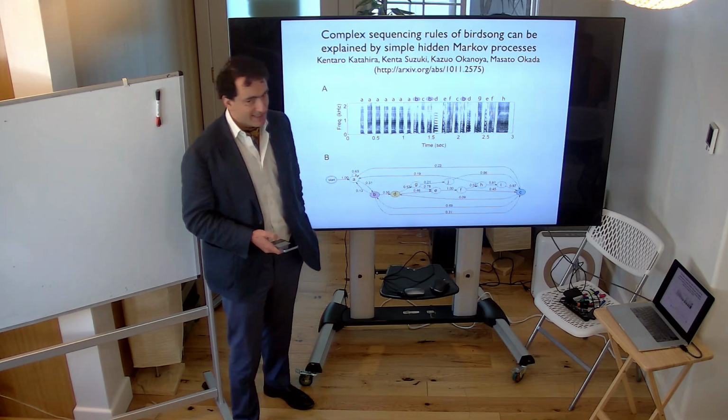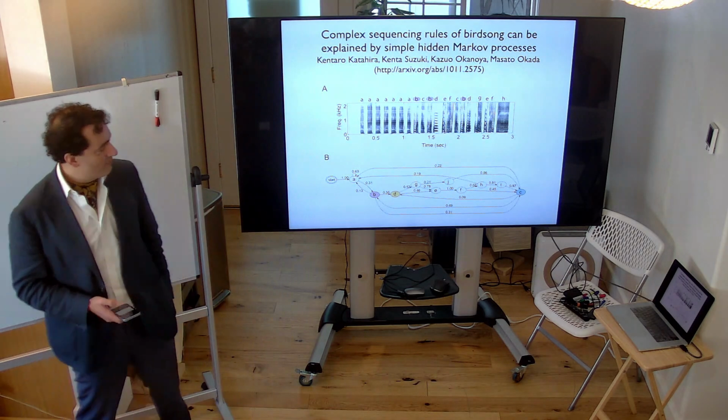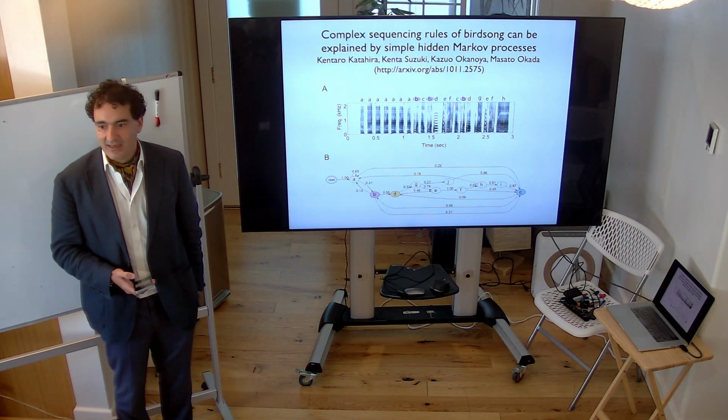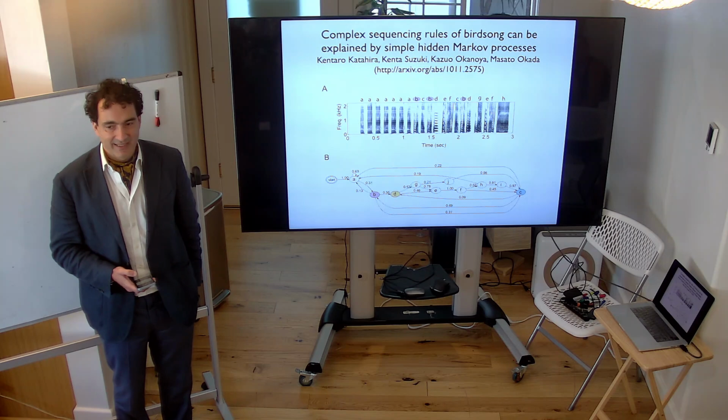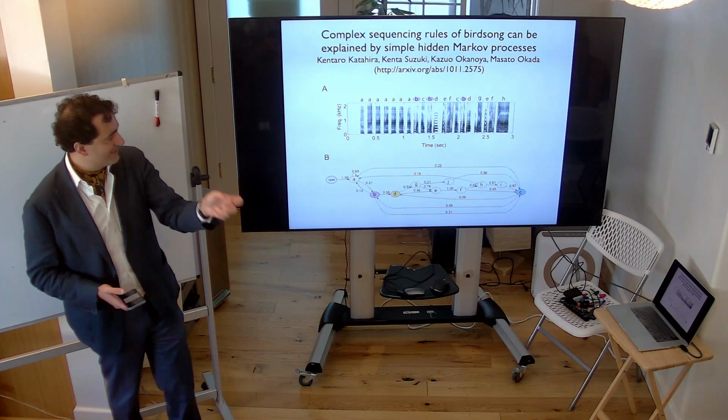Here's one more example of a finite state machine in the real world. If you wake up and listen to bird song, right? You hear a bird in the morning, and the bird is like doo doo doo doo. They have these little stereotyped subunits that they string together.